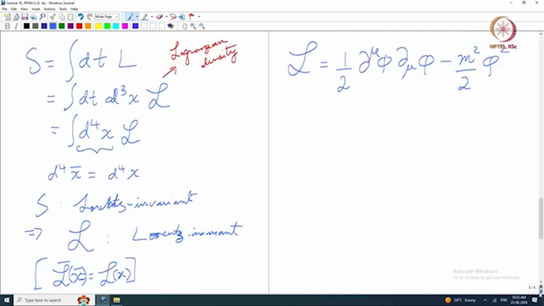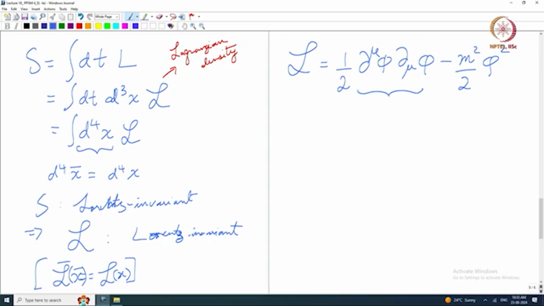For example, look at how I've written the Lorentz indices. This derivative is a contravariant vector and this is a covariant vector, correct? So I've made sure that explicitly this term with two derivatives put together is a Lorentz invariant term.